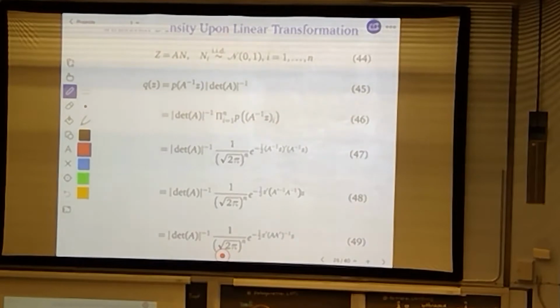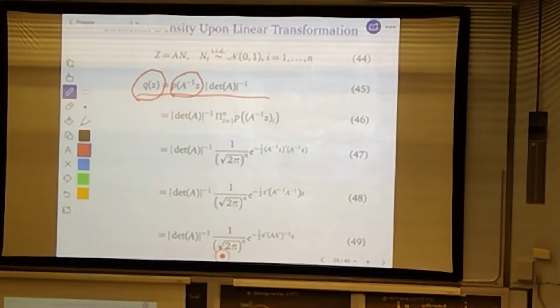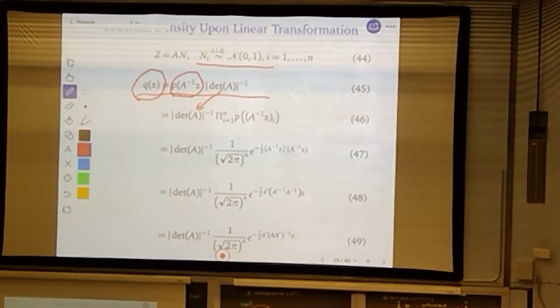Okay, now we have this equation. We know that after the transform, the probability density is related to the previous probability density function. If we take the Gaussian as a special case, this just copies over, with just one scalar constant. Because n is IID, n equals A inverse Z, but each n is independent of each other.